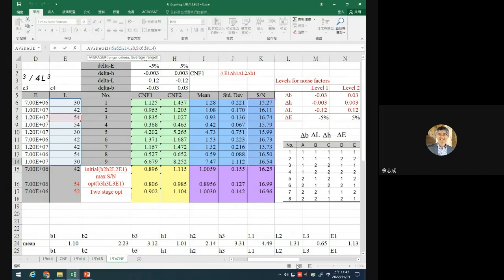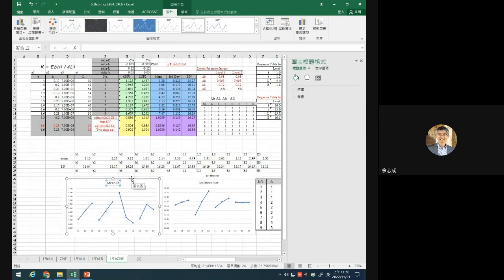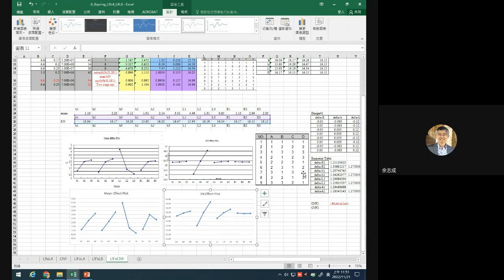Although we have a different sampling strategy, the key point is we are working on the SN ratio and the combination of the control factors. So you can get the effect plot for your control factors.